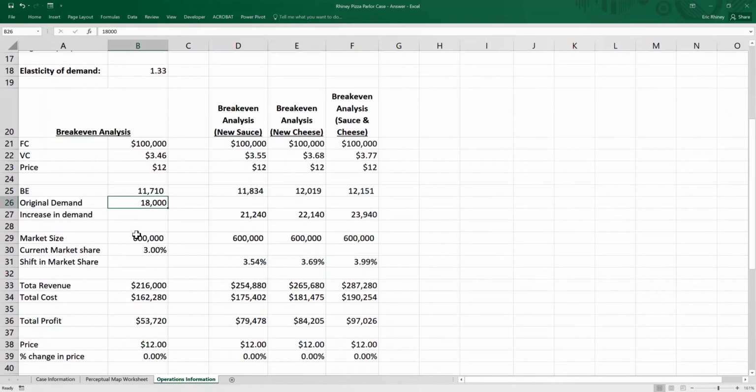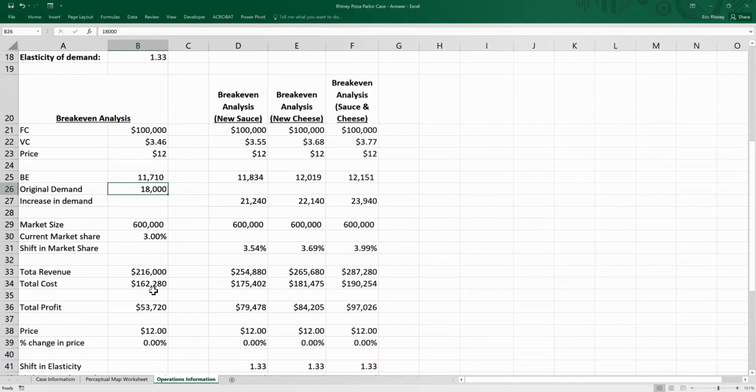All right. So I'm going to skip down here and look at the actual profitability. Market share, we already know the market size is 600,000. We have 3% of the market share. It's just dividing this 18,000 into the 600,000. That gives us this 3%. But skipping down here to total revenue, total cost to give us total profit. Our total revenue, all we're doing is multiplying our demand of 18,000 times our price.